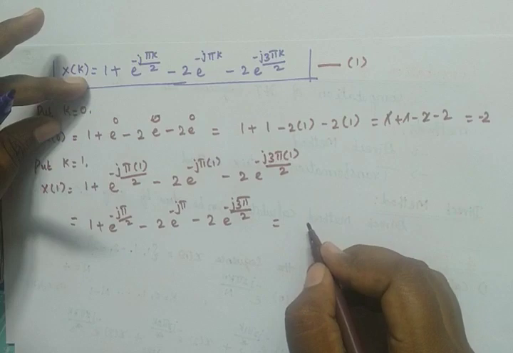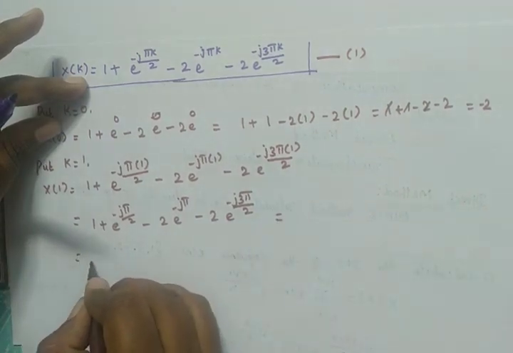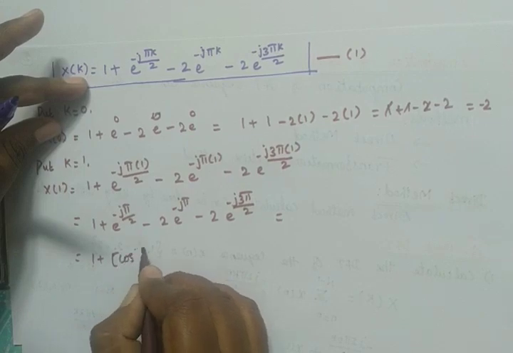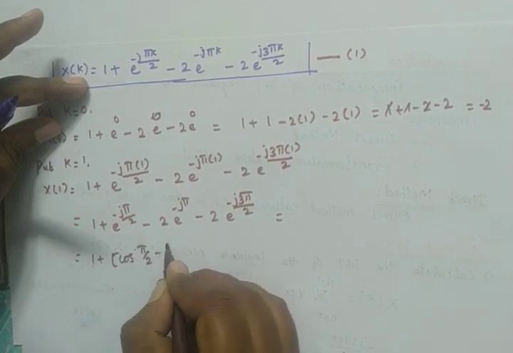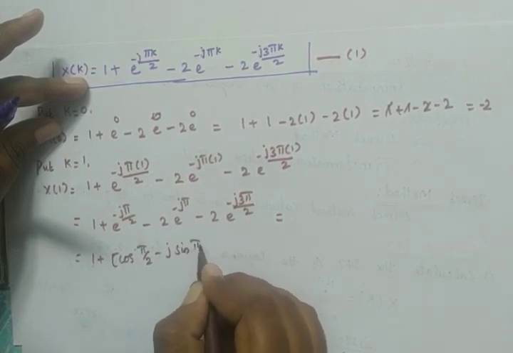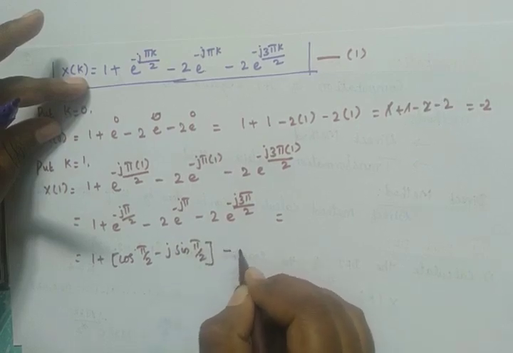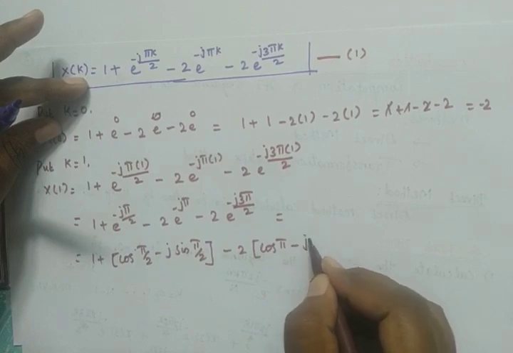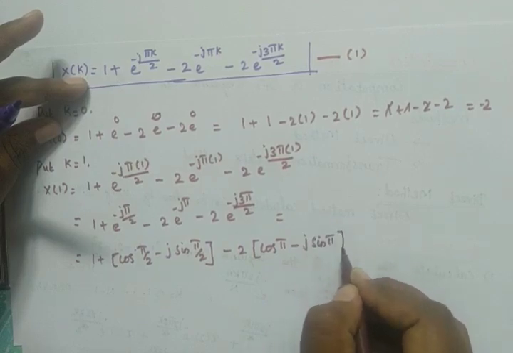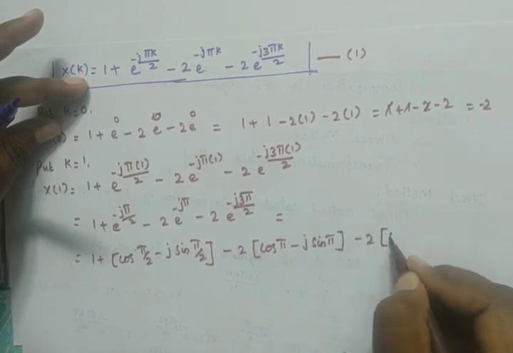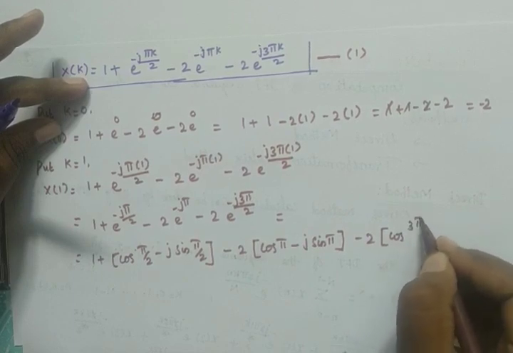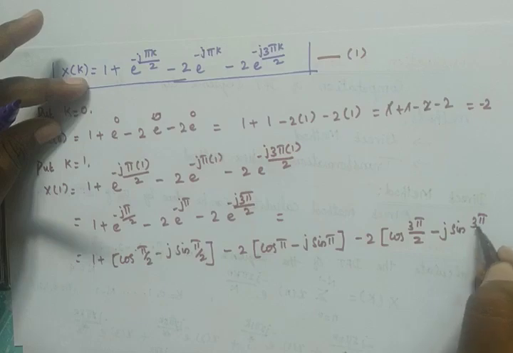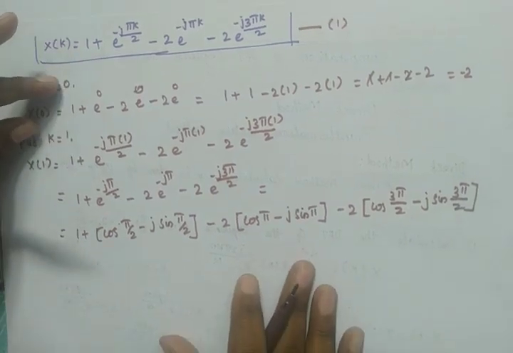Therefore, we can write this as 1 plus cos pi by 2 minus j sin pi by 2 minus 2 into cos pi minus j sin pi minus 2 into cos 3 pi by 2 minus j sin 3 pi by 2.